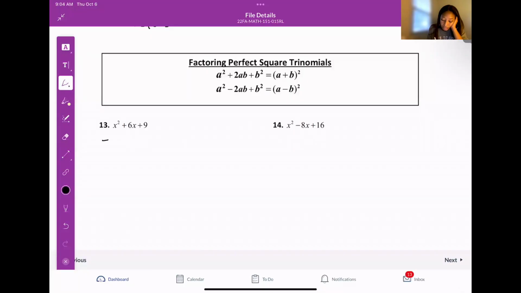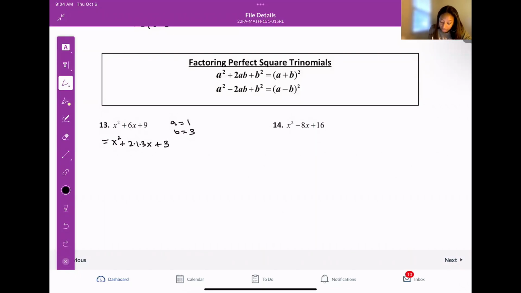For problem 13, we have x squared plus 6x plus 9. In this case, a is equal to 1 and b is equal to 3. So this would be 1x squared plus 2 times 1 times 3x plus 3 squared.